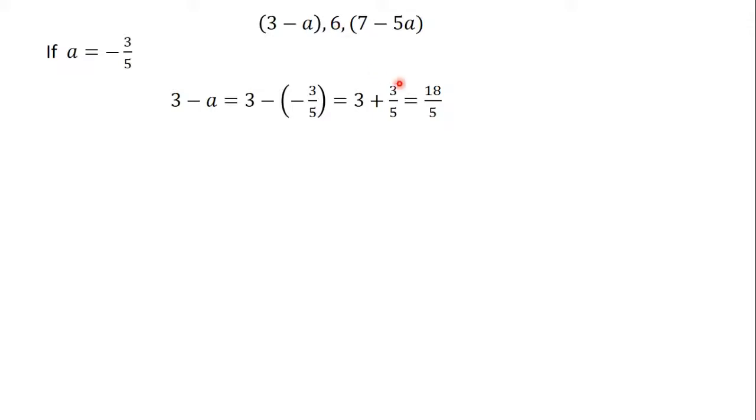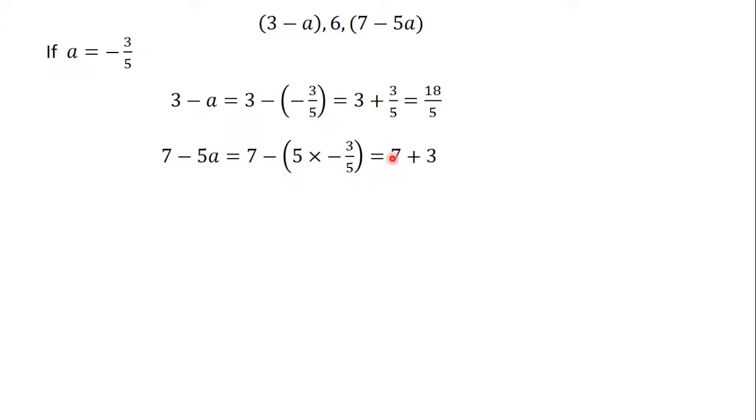We know that the second term is 6, but the third term is 7 minus 5a. Now we know that a is equal to minus 3 divided by 5. So 7 minus 5a will be equal to 7 minus, in brackets, 5 times a, which is minus 3 divided by 5.